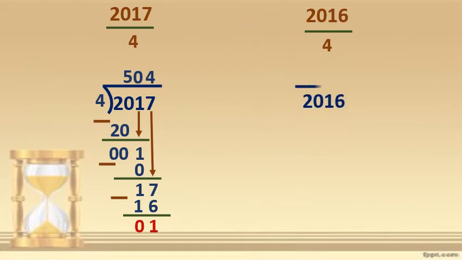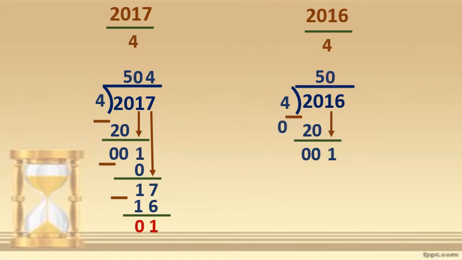Now we will go for 2016 divided by 4. 4 5s are 20. 1 we will take down, not going, 0. Then 1 remained here. We will take down 6.